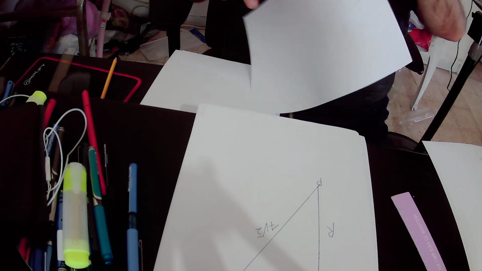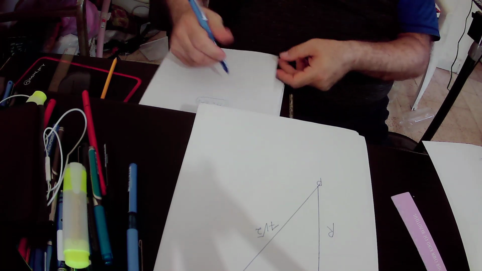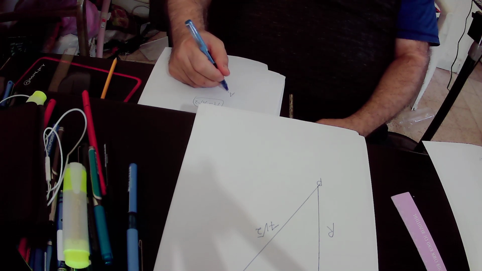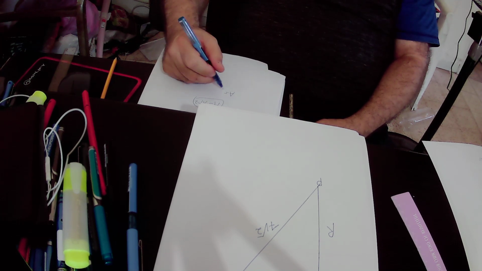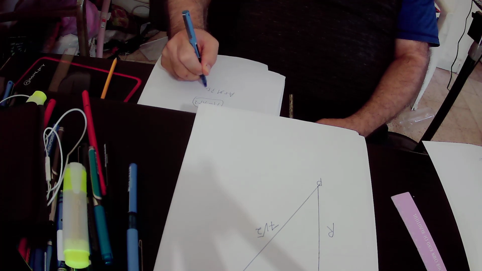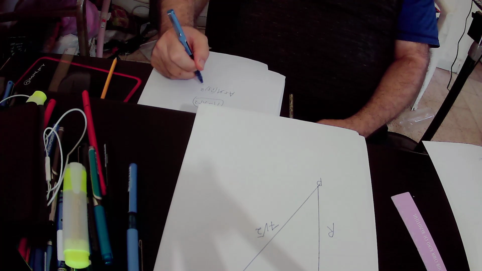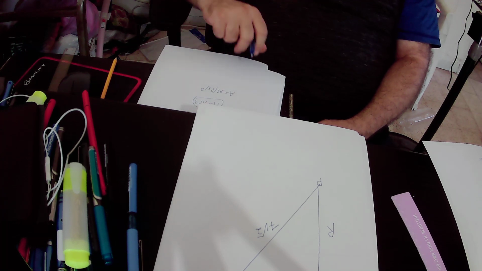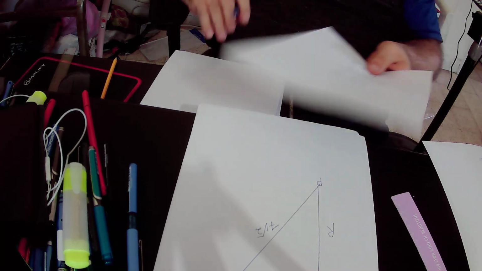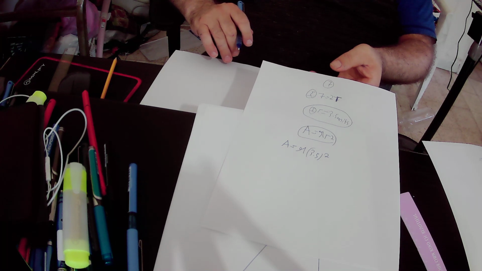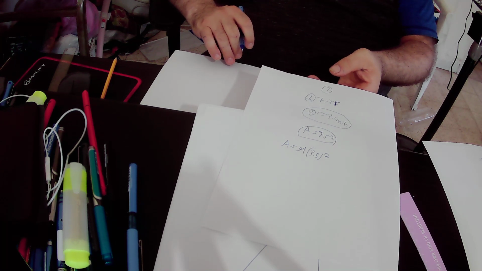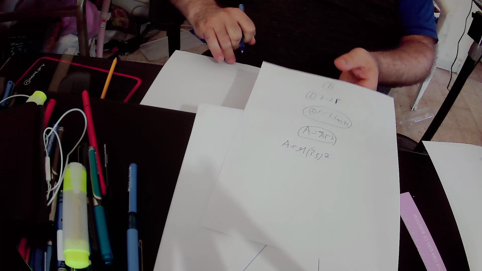So we will get that the area of the yellow circle will be equal to pi times 3.5 squared. Okay, we substituted r by 3.5.